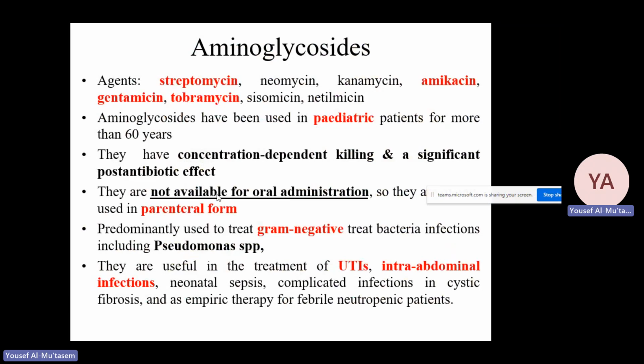And we said also that neomycin and some other aminoglycosides, but mainly neomycin, is used topically, either in ointment or creams, skin preparation, or in eye and ears preparation. Also, sometimes these medications are used in the management of cystic fibrosis.